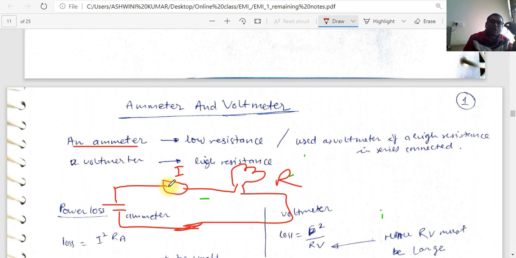Suppose the resistance of this ammeter is small r.